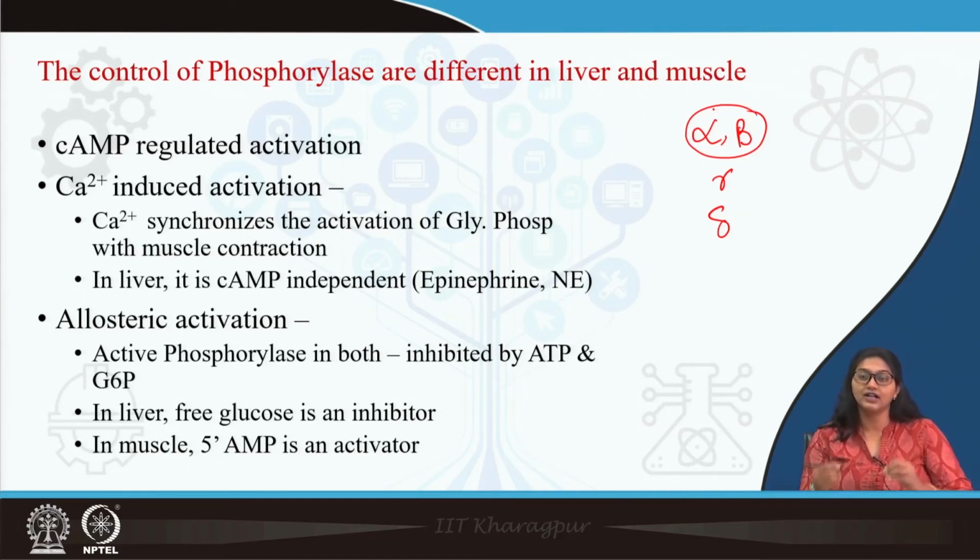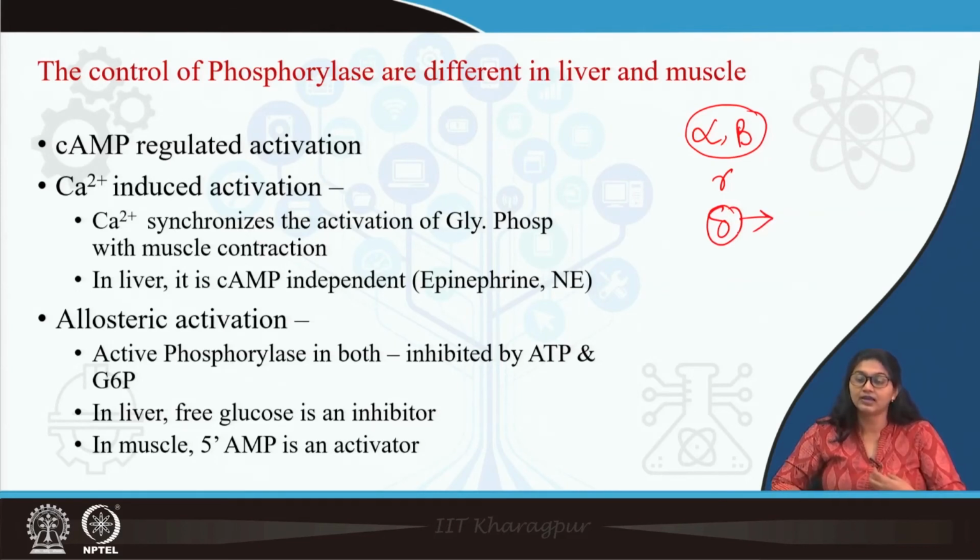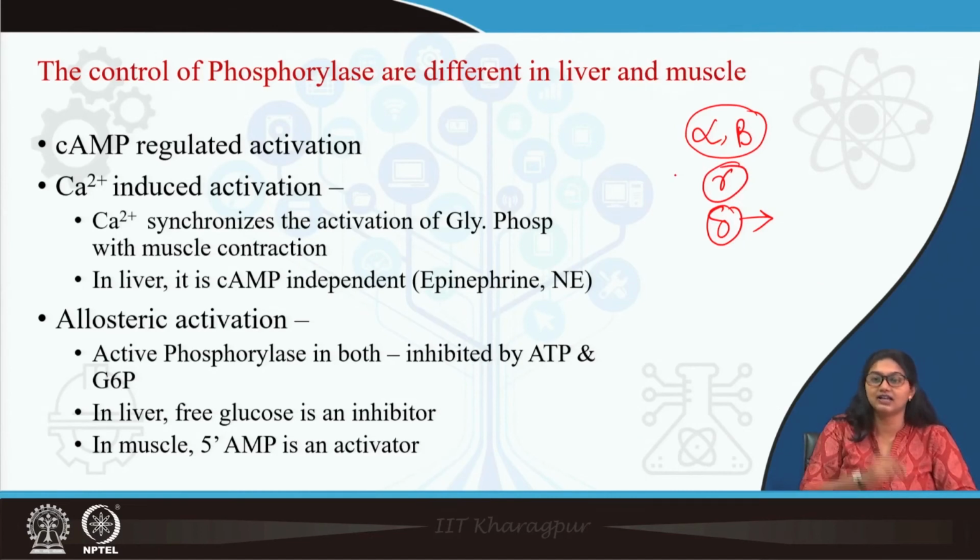So, covalent modification or phosphorylation occurs in these alpha and beta subunits. The delta subunit is similar to calmodulin. So, calcium binds with this delta subunit and induces a conformational change. That conformational change activates the gamma subunit, which has the actual catalytic activity.